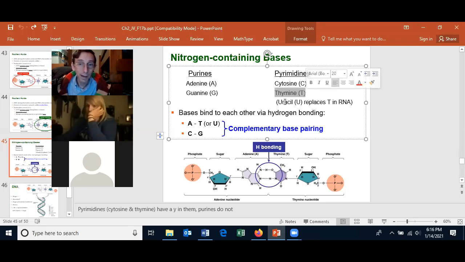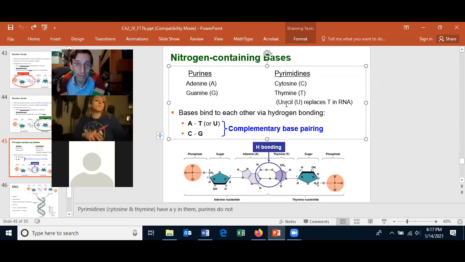It's replaced by uracil, and uracil is a pyrimidine. And yes, uracil doesn't have a Y in it. That's why I said that rule only works with DNA. But if you remember uracil replaces thymine, you can remember that uracil is a pyrimidine.